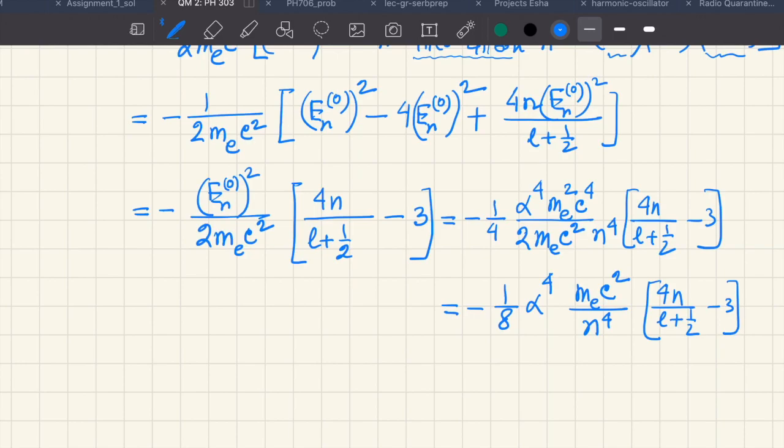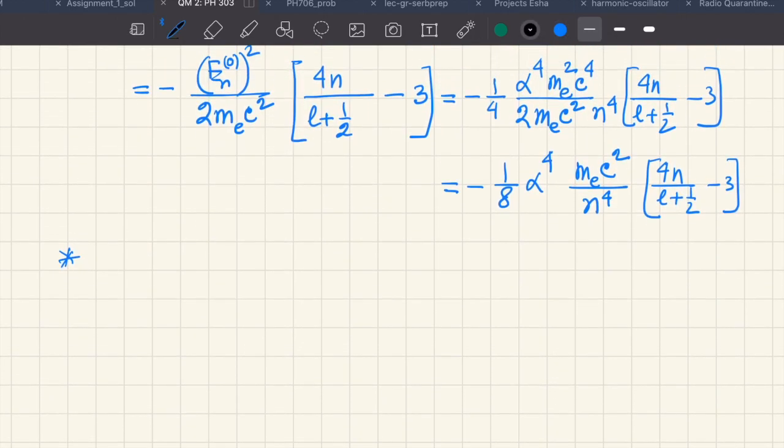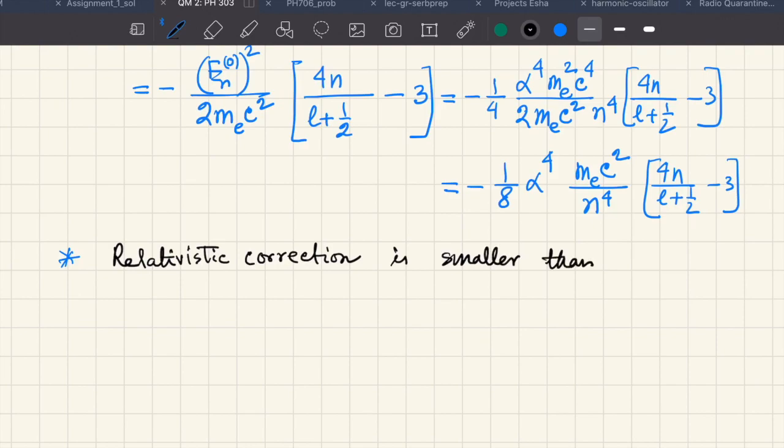So evidently the first point that you note here is that the relativistic correction is smaller than the En0. So that is the first observation that you can make. Relativistic correction is smaller than the unperturbed En0. So how much?